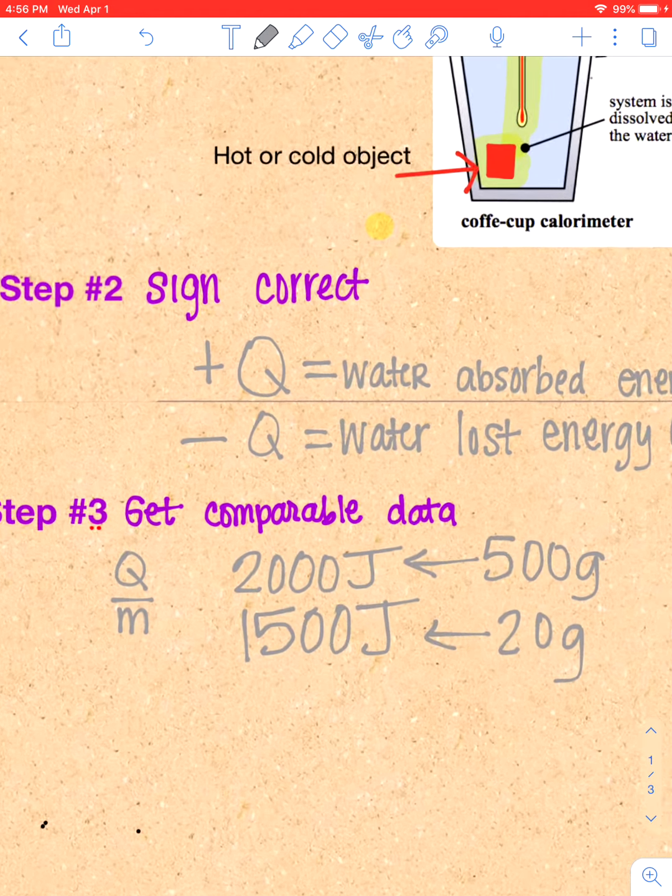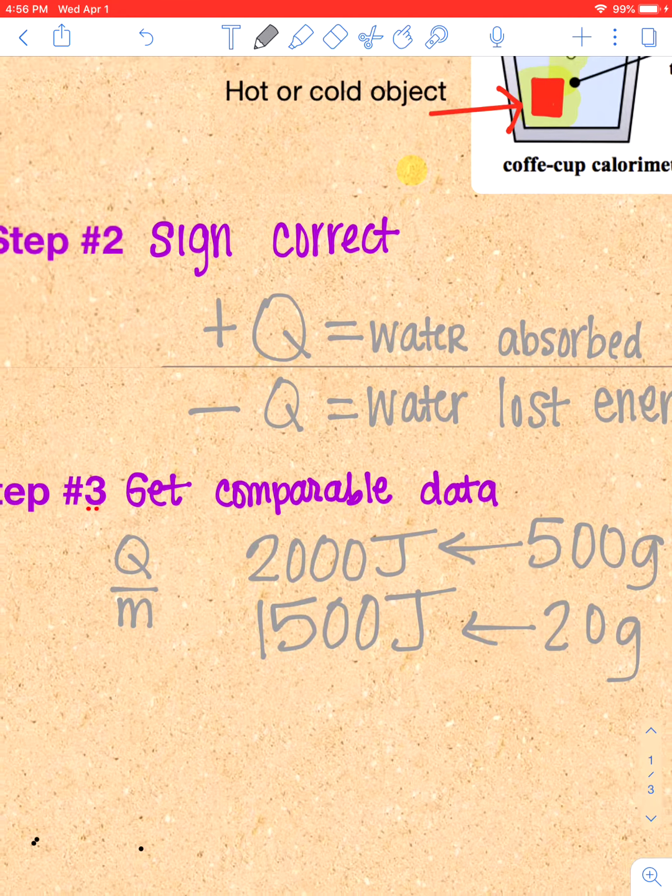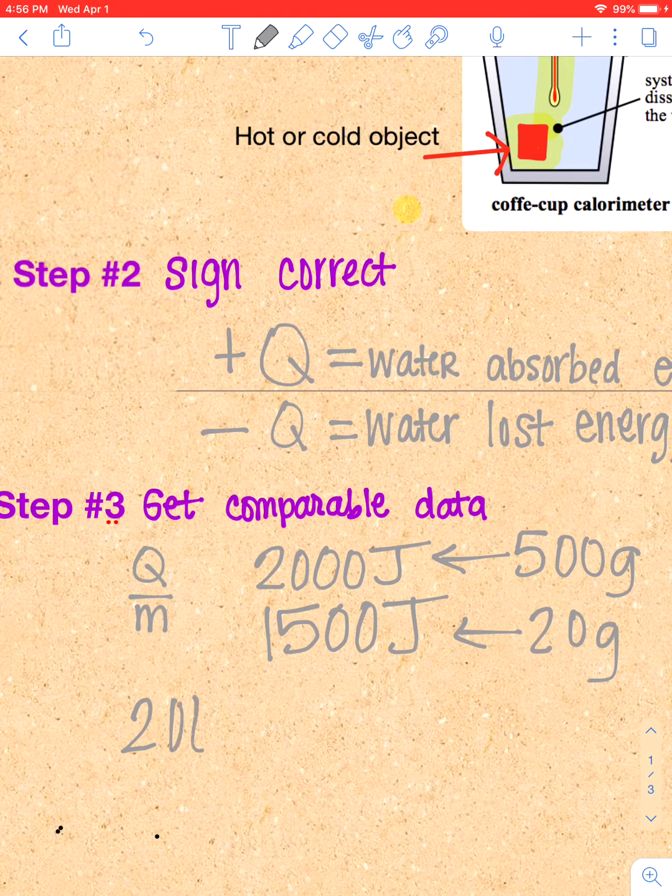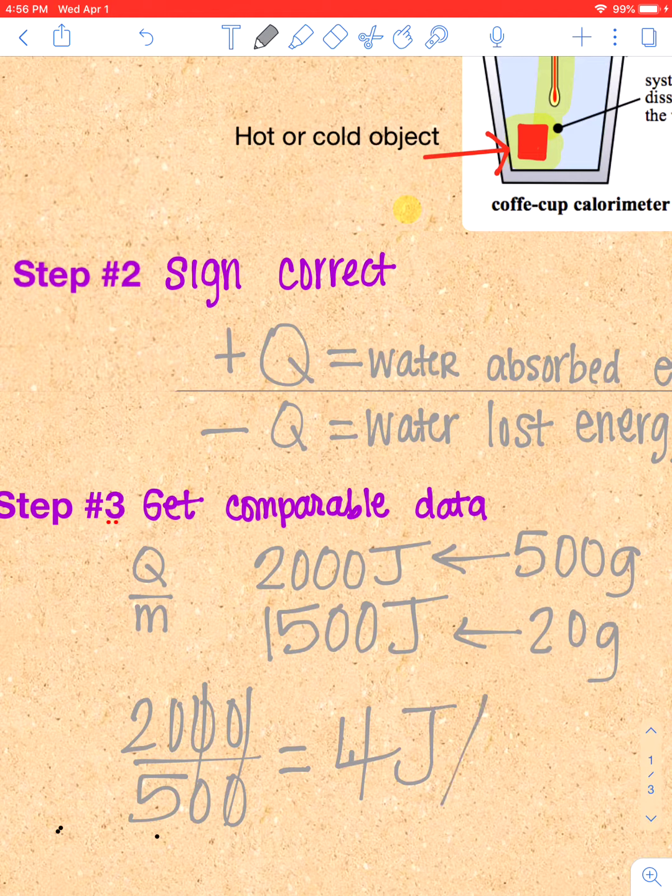So for example, if we take the first one, 2,000 divided by 500, and you guys know the little trick where you can cross out the zeros, makes it a little bit easier. So that's going to be 4 joules per gram. Do you guys see how I did that?